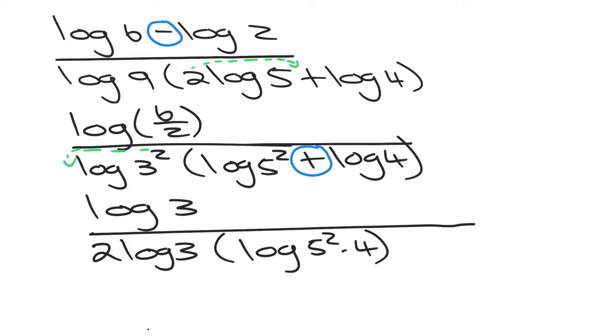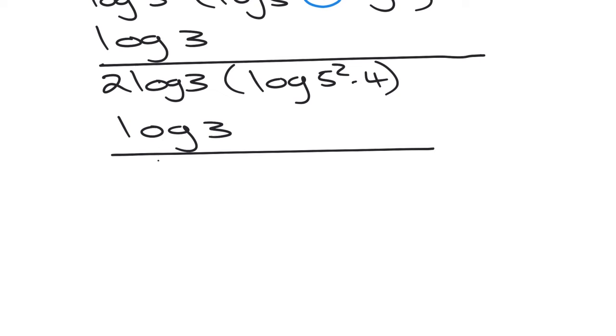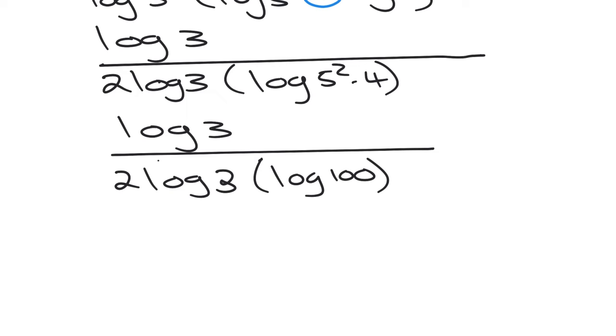Now simplifying this further, we get log 3, the entire thing over 2 log 3, and I suppose you can see what you are going to do with the 2 log 3's here. There inside we would have log of 5 to the power of 2 is just 25 multiplied by 4, that will give us 100. So right straight away in this case we can cancel out the log 3.